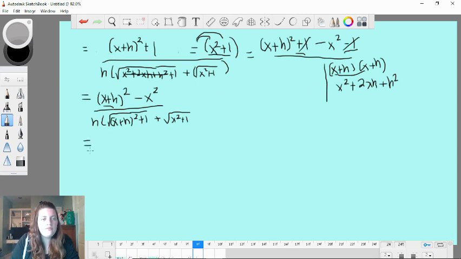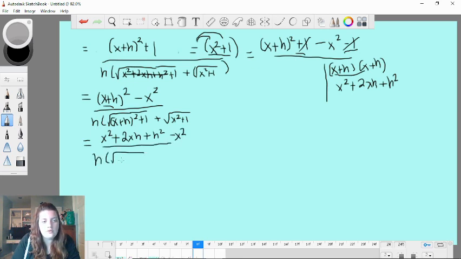So I will then have x squared plus 2xh plus h squared minus x squared all over h times the square root of x squared plus 2xh plus h squared plus 1 plus the square root of x squared plus 1.